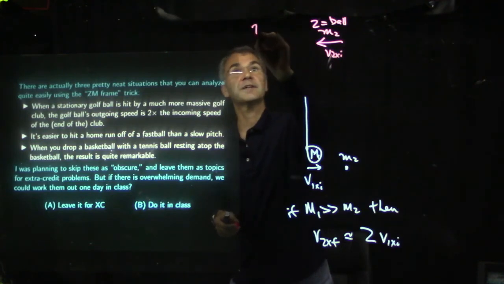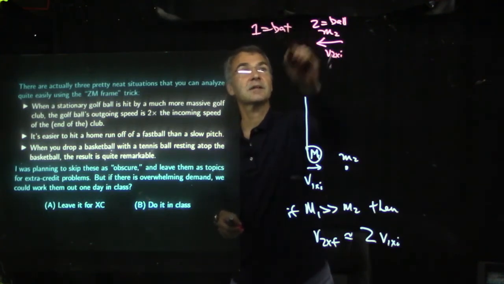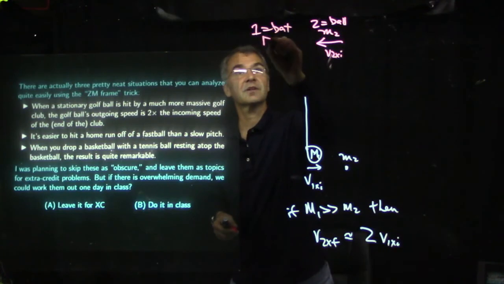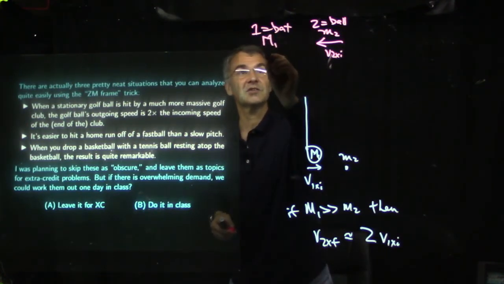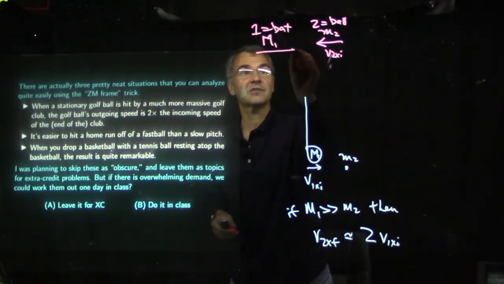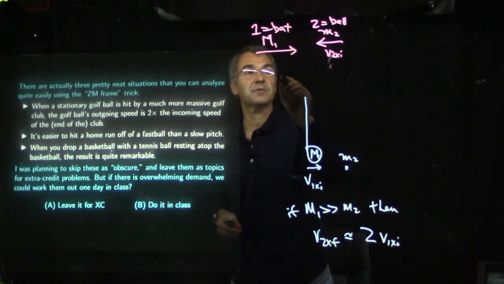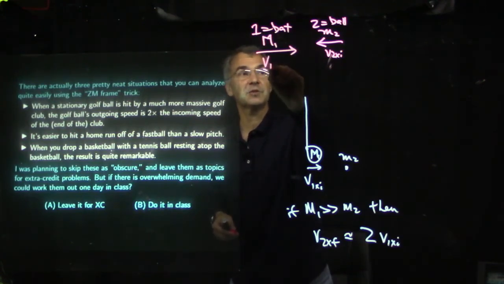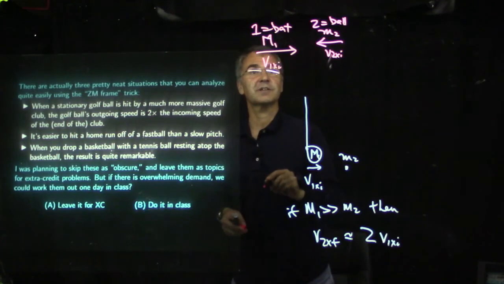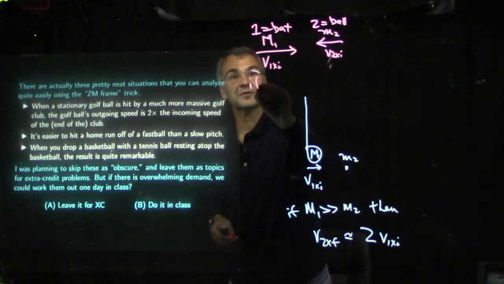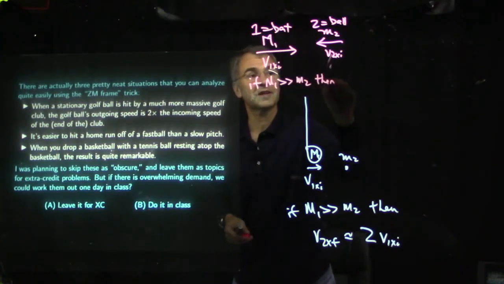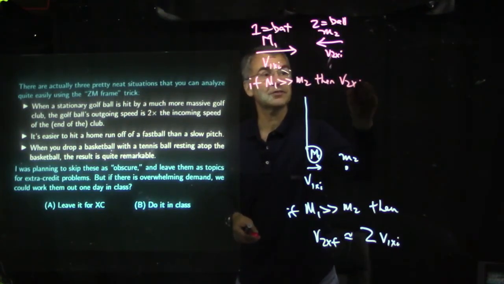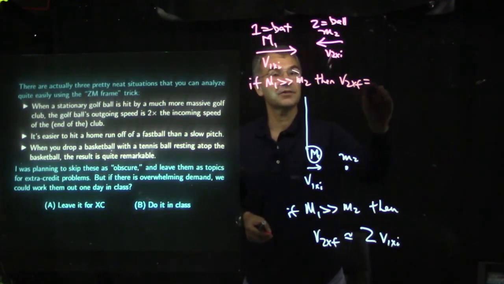And then we have 1 equals the bat. And so we'll call this M1. I'll make it a big M just because it's supposed to be very massive. And then this is how hard you're swinging the bat. So you tend to swing the bat pretty fast. So then here's V1x initial.